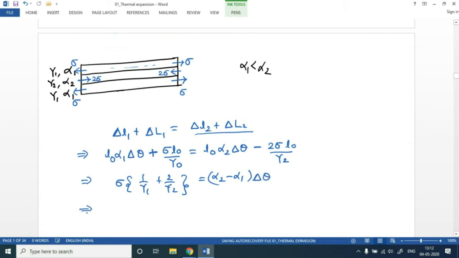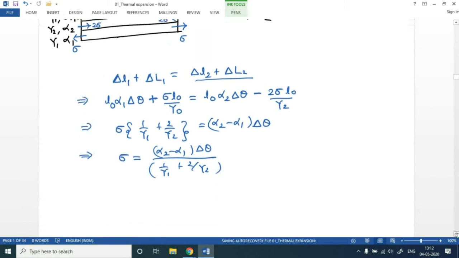Clearly this gives us the value of sigma, and that would be alpha 2 minus alpha 1 into delta theta divided by 1 by y1 plus 2 by y2. So this is the stress, the value of sigma. So obviously the middle one is experiencing double the stress.